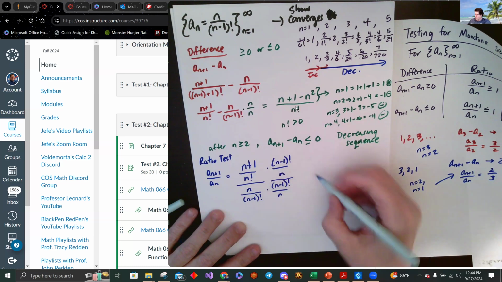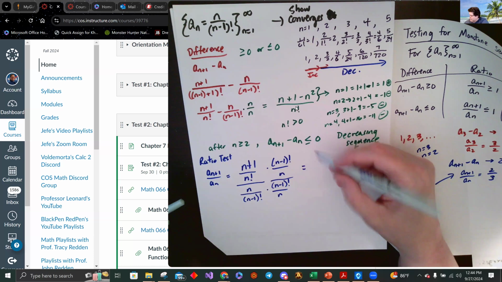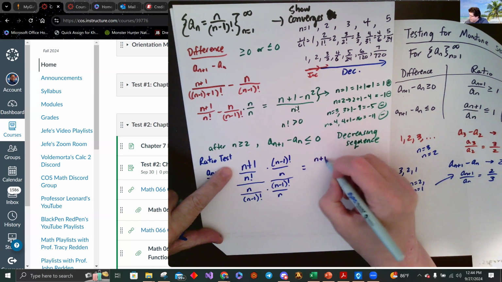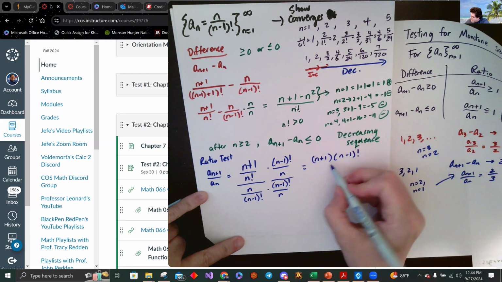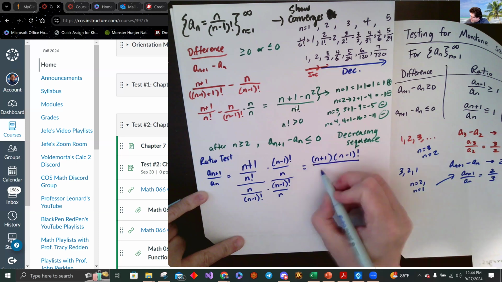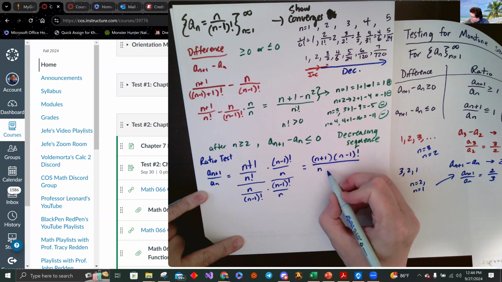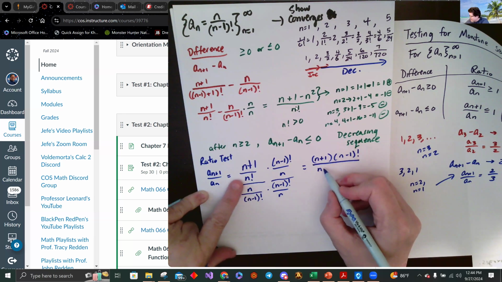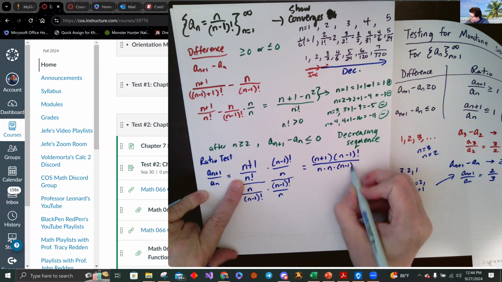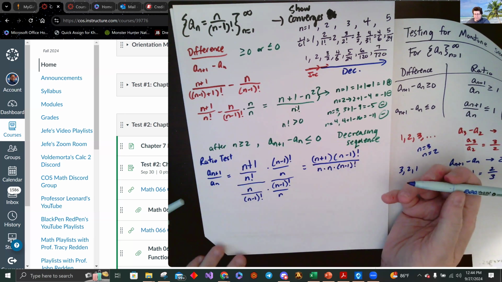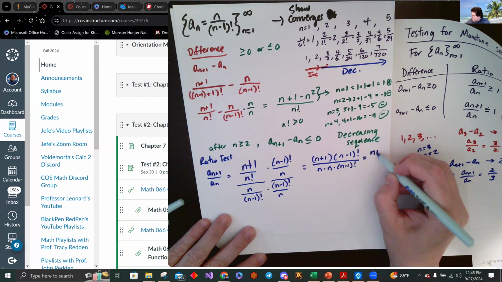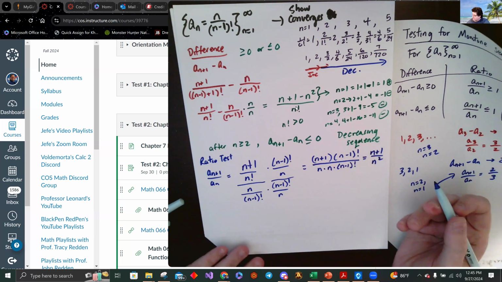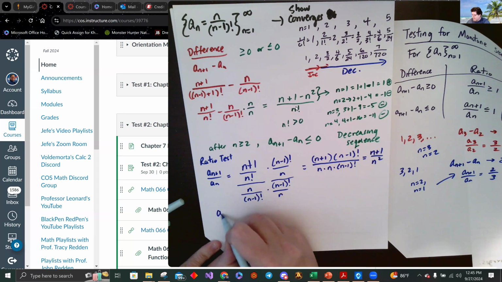So the bottom goes to 1, and I get n plus 1 times n minus 1 factorial. And then I have this n right here. And I'm going to expand the n factorial as n times n minus 1 factorial. So this collapses down to n plus 1 over n squared. So that's my a sub n plus 1 over a sub n.